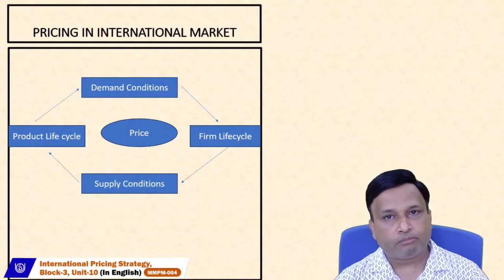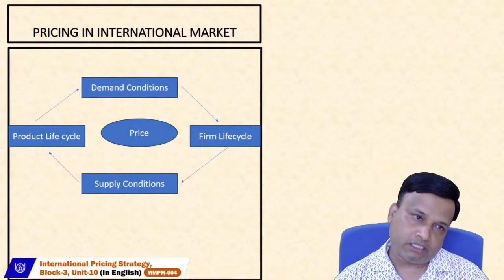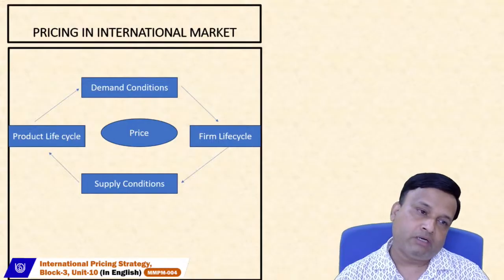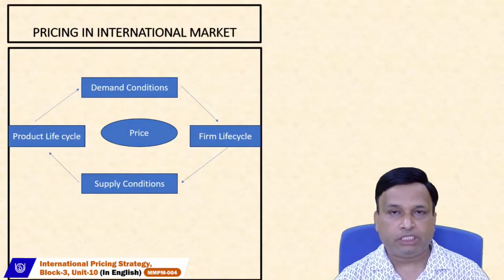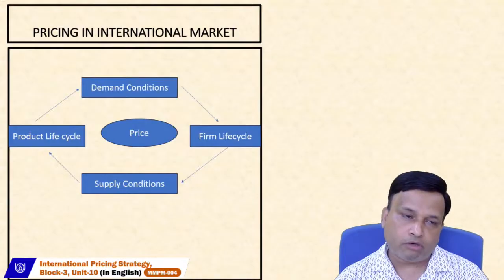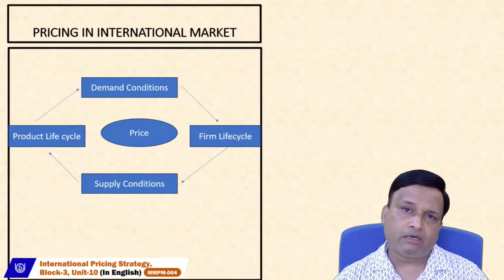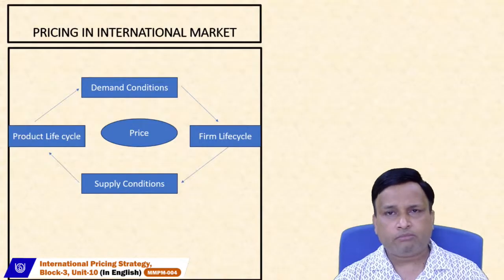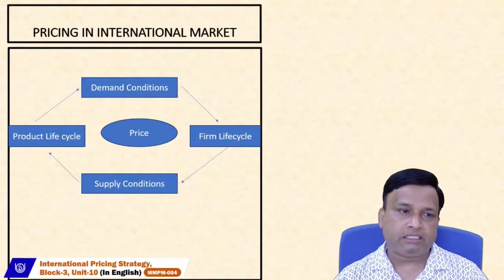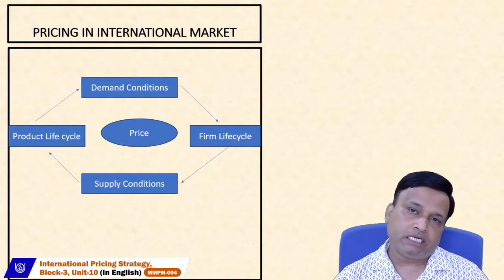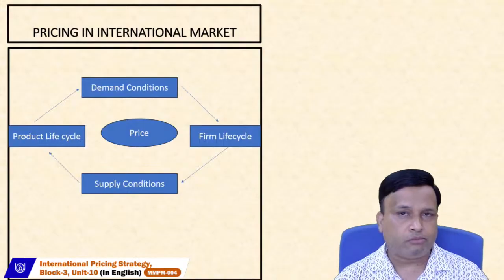Then we talk about the product life cycle. When the product is in the introduction stage, the initial stage, it involves a lot of research and development. For that reason you cannot afford to lose market share, so you have to keep the price high. But once the product has reached the decline stage, you will be selling the product at a low price.